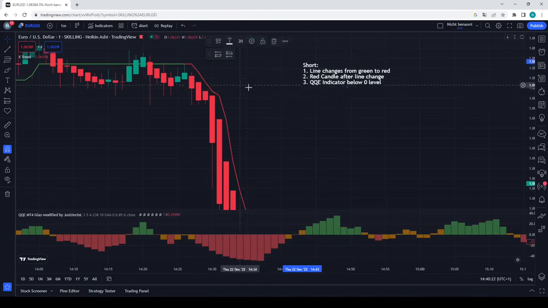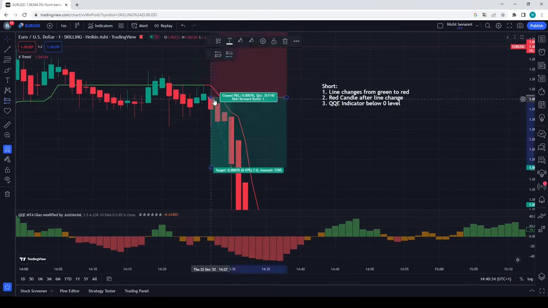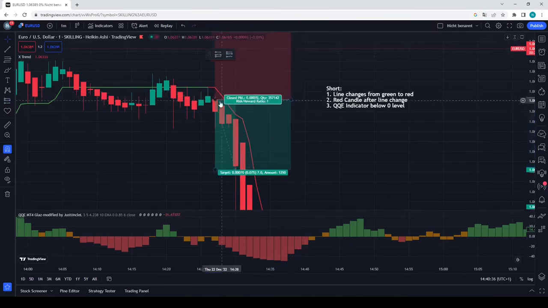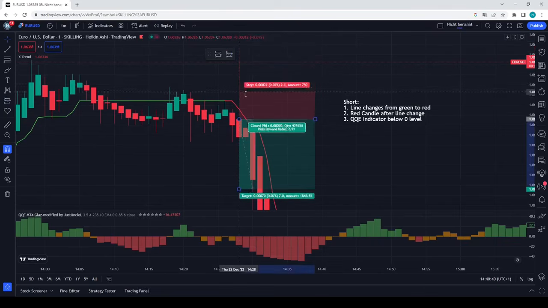And here we have all of the three steps given. So we can enter our short trade here, or here it is more likely that it happens here. And the same stop loss applies. So our stop loss is here right above the line.